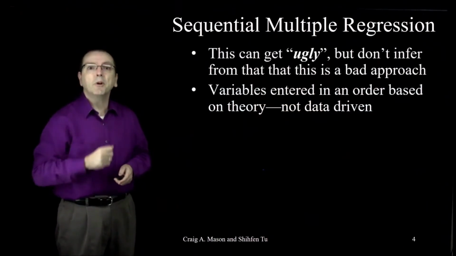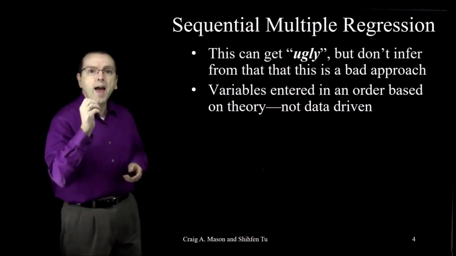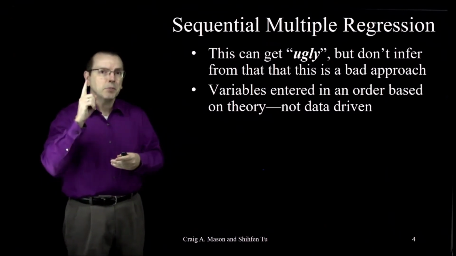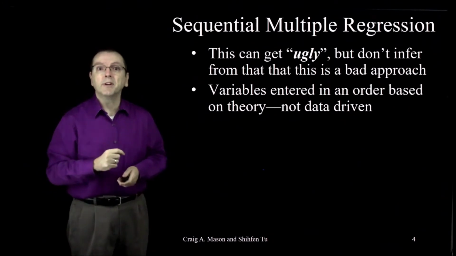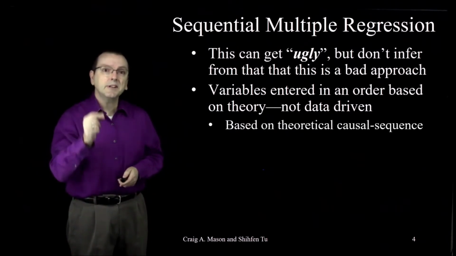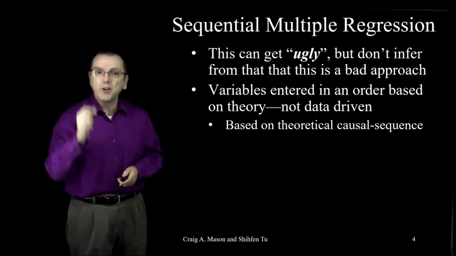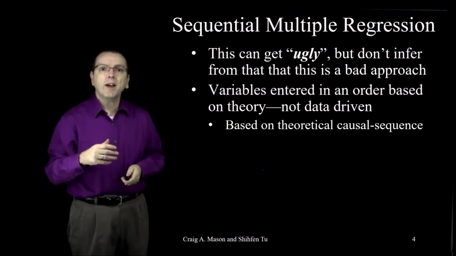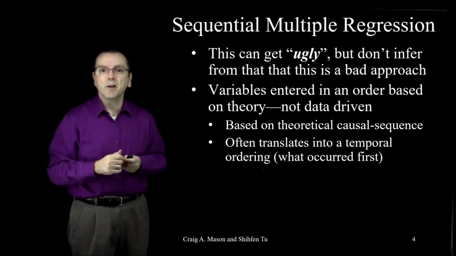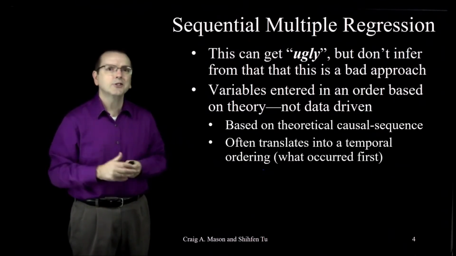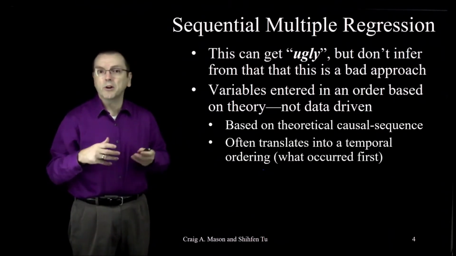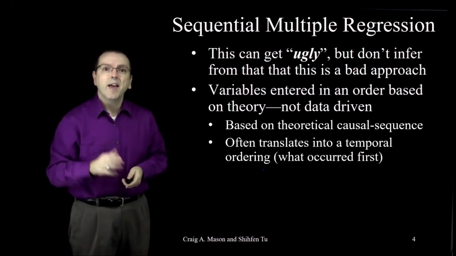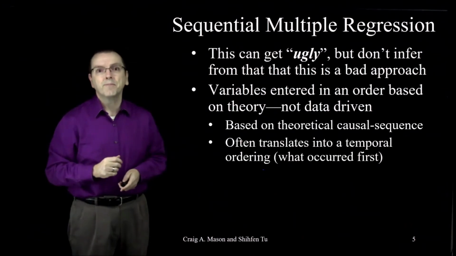In sequential multiple regression, variables are added to a regression model in a series of steps, but rather than being data-driven, they're entered in a specific order based on a theoretical causal ordering. This often reflects the temporal ordering of variables or their underlying constructs based on what occurred first, then second, and then third, etc., entered in that order.